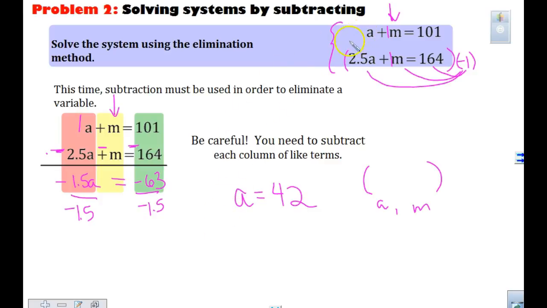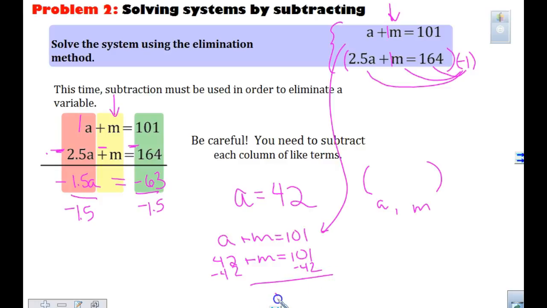Now, if I know a is 42, it's pretty easy to go to the first equation, right? If I go to the first equation and replace that, I had a plus m equals 101. So Grace, instead of a, I'm going to plug in 42 plus m equals 101. If I'm solving, AJ, m is going to be equal to, what do I need to do? Minus 42.